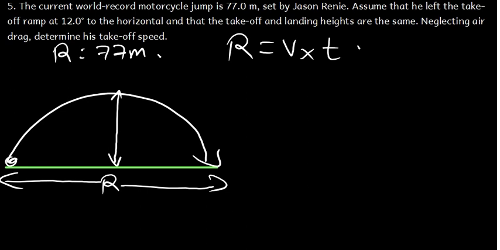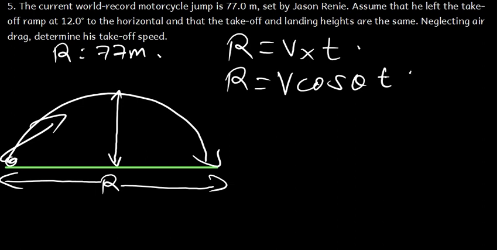Now if it was at an angle, we do know that Vx is going to be v cos theta. So range is v cos theta times t. Now when it comes to the time from this point all the way to the maximum height, this is the formula: t will be equal to v sine theta over g.